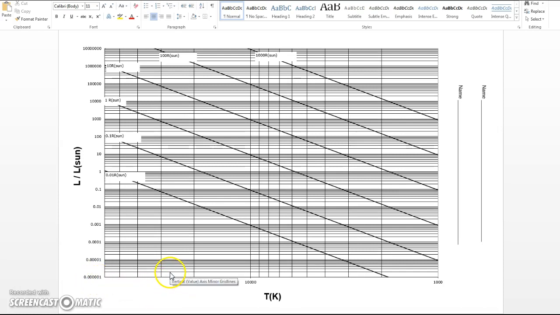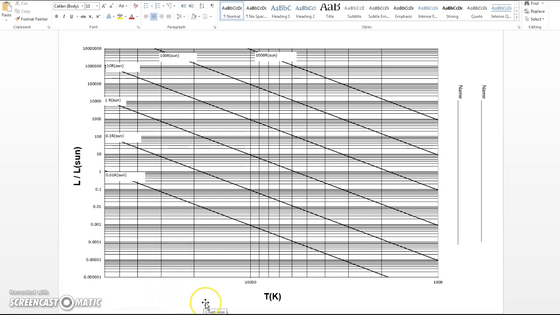Well, this is 2/1,000,000ths of a solar luminosity, and this is 3/1,000,000ths of a solar luminosity, all the way up to 9/1,000,000ths of a solar luminosity, and the next line up is 10/1,000,000ths of a solar luminosity, or 1/100,000th of a solar luminosity. So you can see how the counting is consistent throughout. You just have to be very careful about how you interpret what the numerical meaning of the individual lines are.